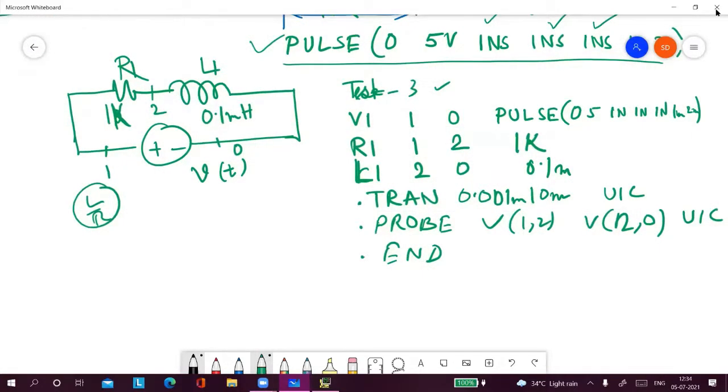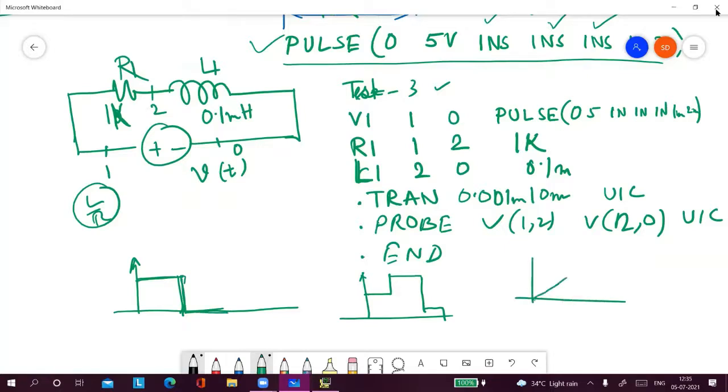Pulse means generation of a periodic waveform. Now if you want a single pulse, with no repetition, or you want to generate this type of waveform, moving from this to this, or any other waveform that is not periodic, and you want to study the circuit using only a single pulse, how do you generate it?